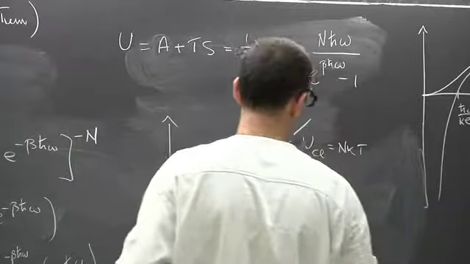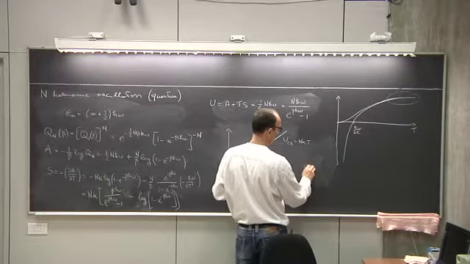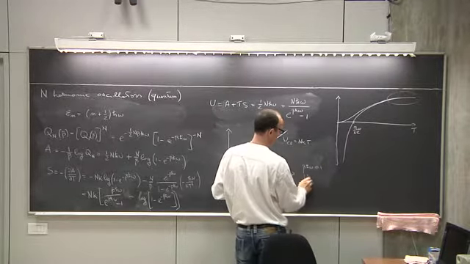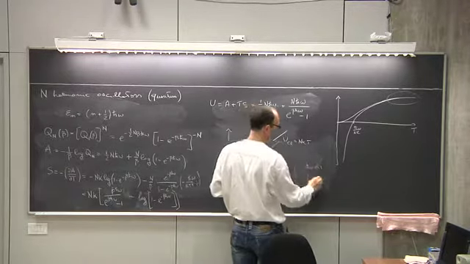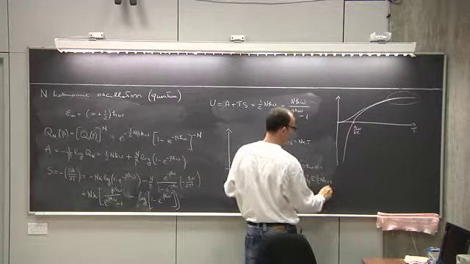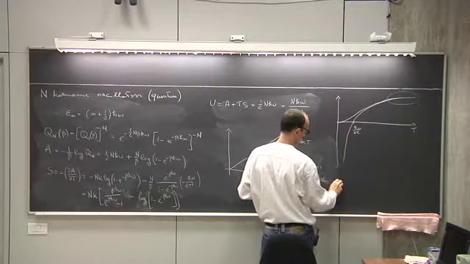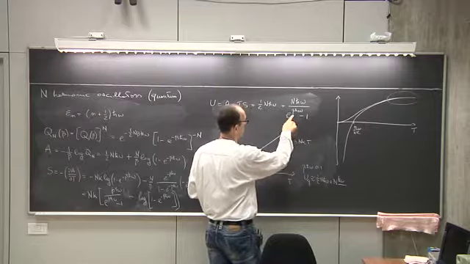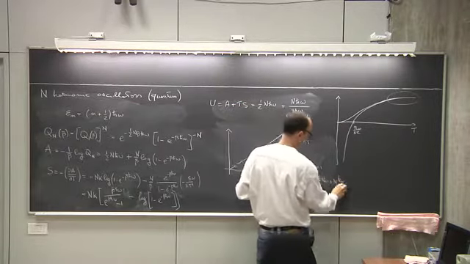So for beta h bar omega very, very small, the energy of the quantum system will be approximately 1/2 N h bar omega plus N h bar omega divided by beta h bar omega plus higher order terms.